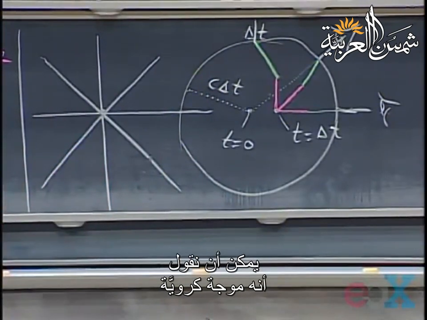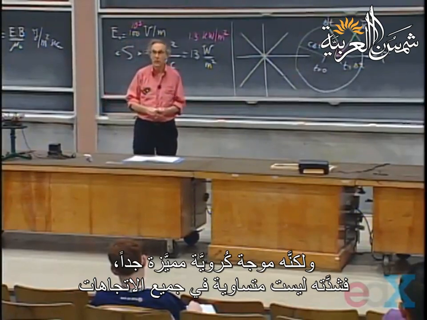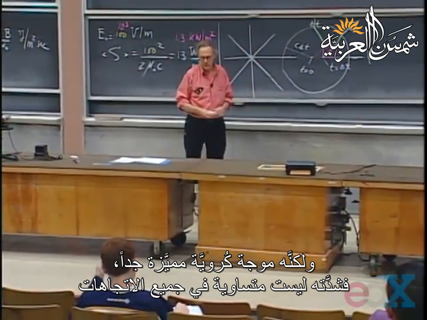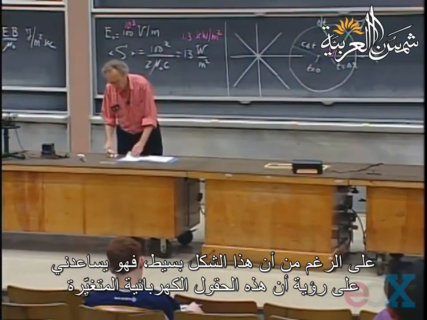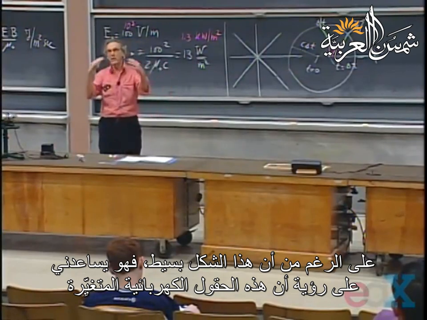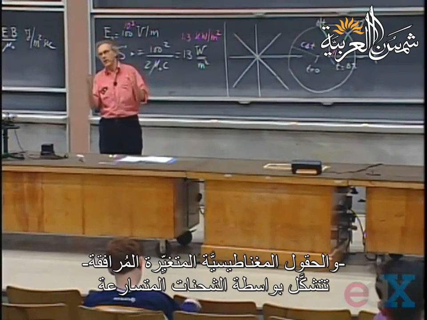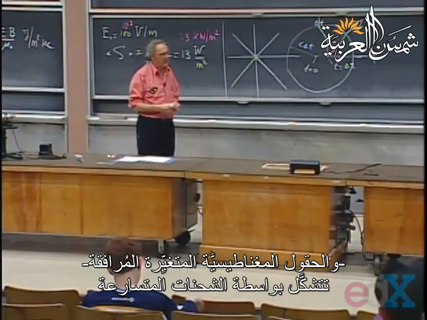If anything, it's more like a spherical wave, but it's a very special spherical wave, not the same strength in all directions. And so even though this is a rather classical picture, it helps me, at least, to see how these changing electric fields, and therefore associated B fields, are formed by charges that we accelerate.